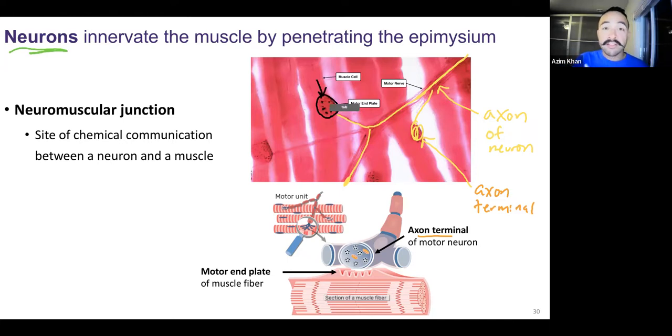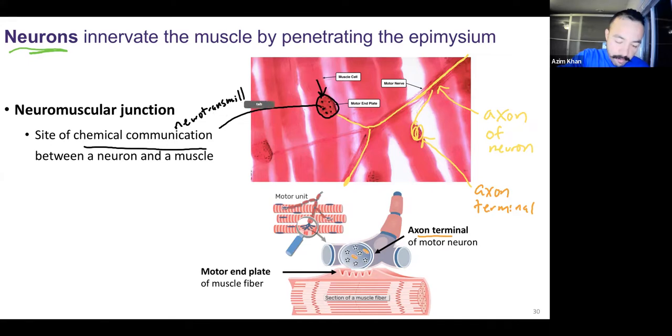Those dark little dots are chemicals, neurotransmitters, that neurons release from axon terminals in order to communicate with something else. So neurons are storing these chemicals, neurotransmitters, at their axon terminals.